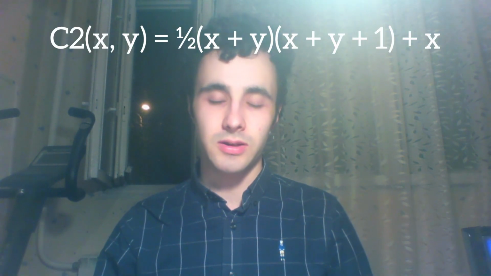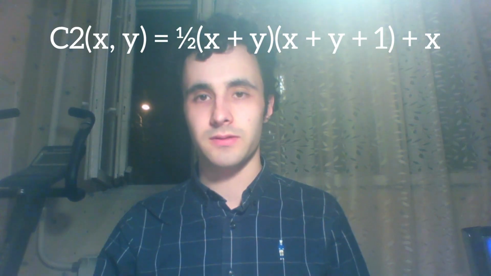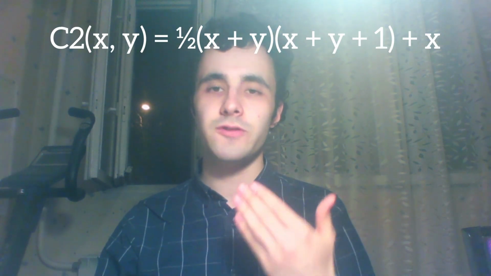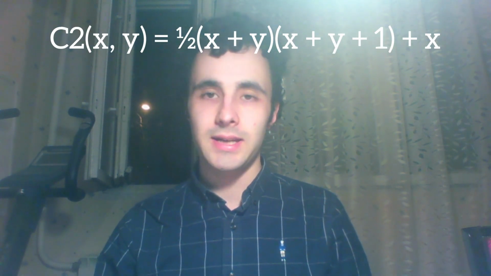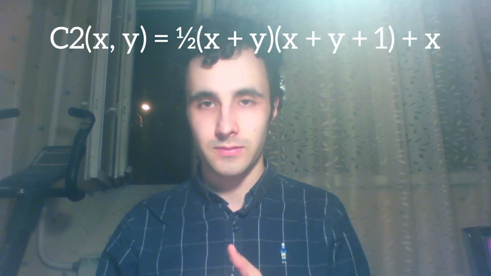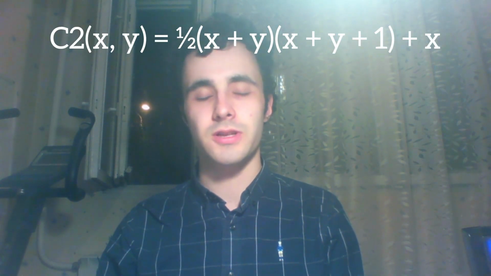And then, of course, if we have a tuple that looks like x, y, the sum of those two numbers gives us the row of this list, and x in particular gives us the place in that row. So we can use the formula where the first part tells us the particular triangular number, and then we add x to get the particular number for this tuple.